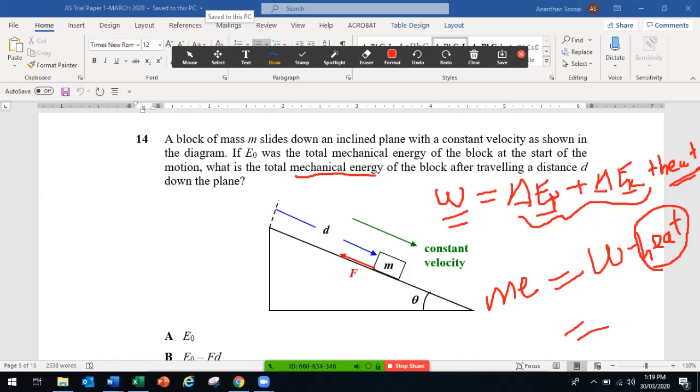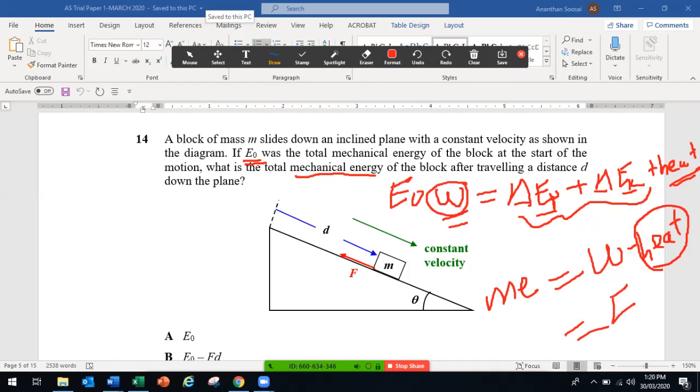If E naught was the total mechanical energy of the block at the start of the motion, what is this E naught? E naught is the total energy it possesses. So the energy of the block after traveling a distance d is, so the answer is what?